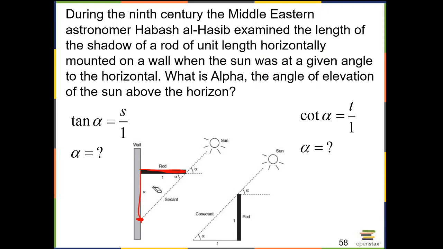The question is, what is the angle that the sun rays make with the horizontal? That's the question they wanted to answer, and it is the same angle as this angle right here, of course.